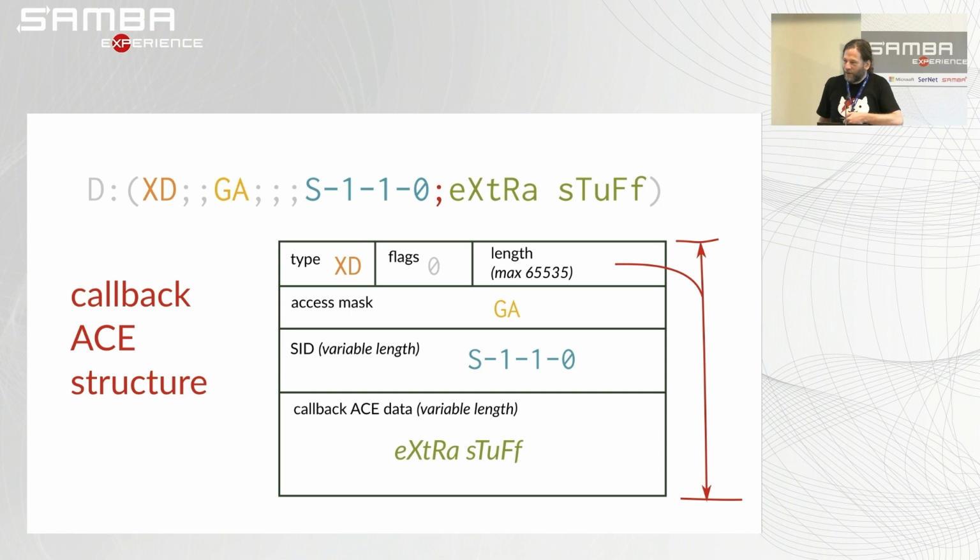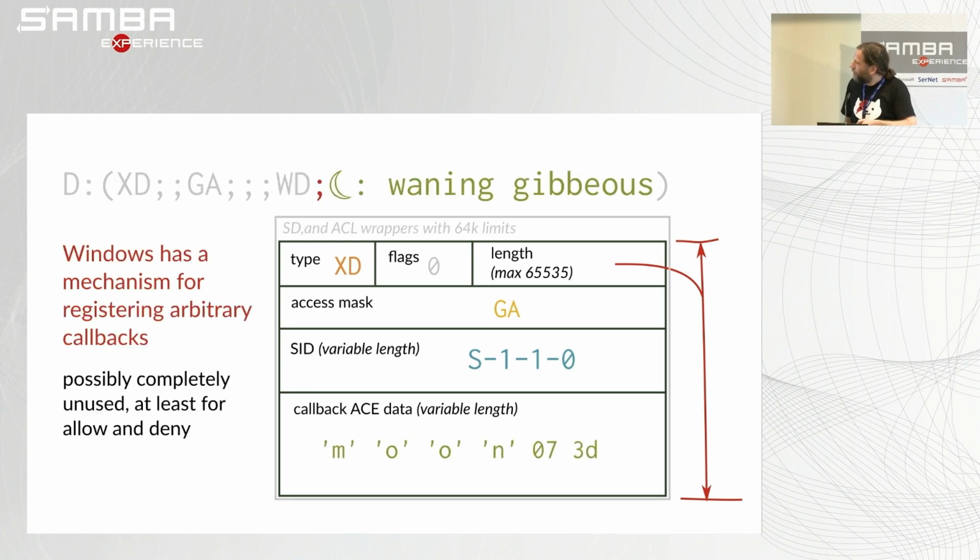And now how it decides what callback to do is there's some data that starts off with a magic string. Imagine you'd registered a new kind of callback ace that was based on the phase of the moon. You could deny things when the moon was in a waning gibbous state, which means it's fat but getting smaller.